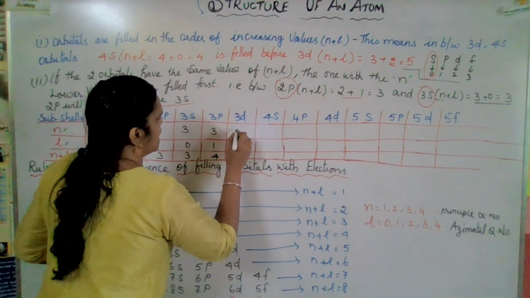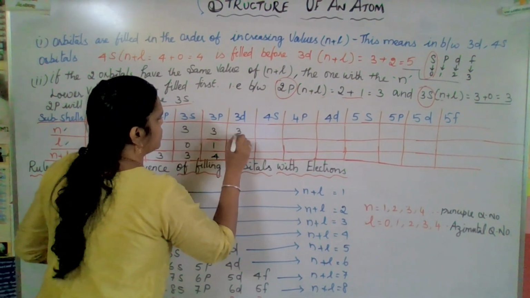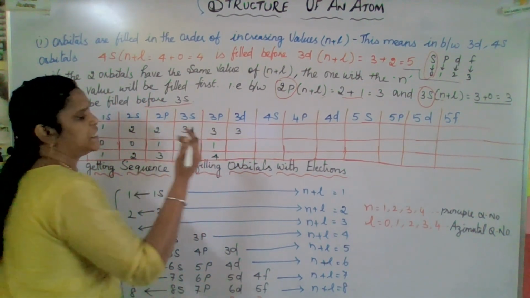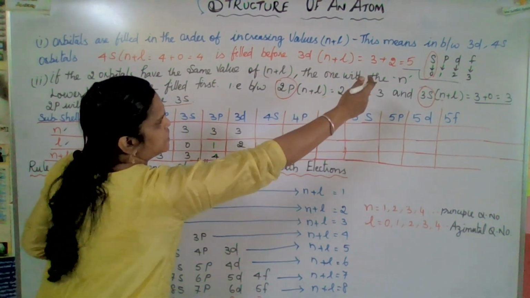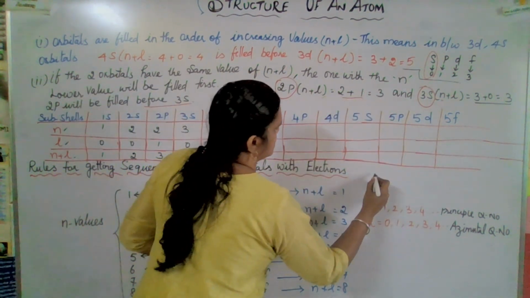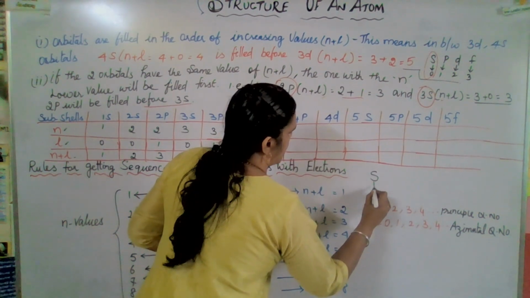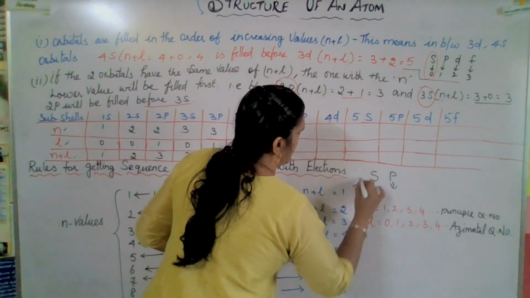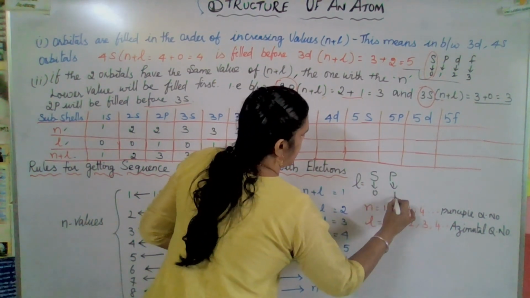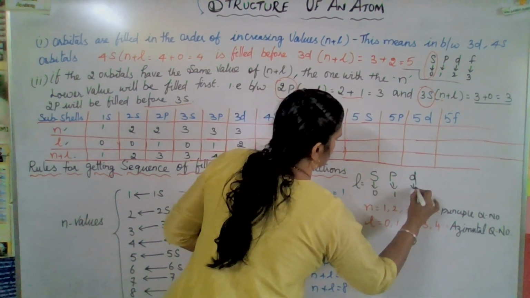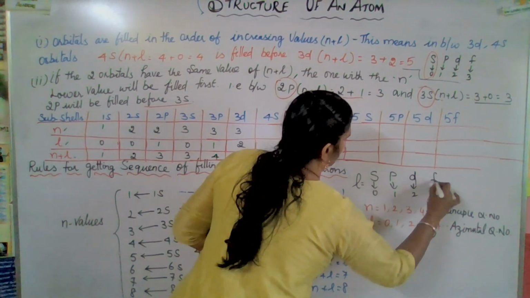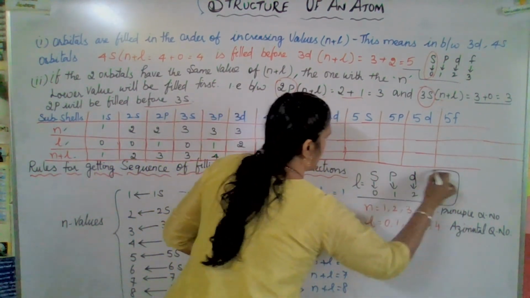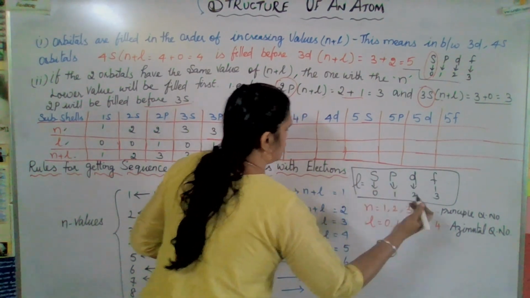And for 3d, n value is 3 and d value in spdf is 2. Otherwise, I'll mention: s value 0, p value of l 1, d value 2, and f value 3. I hope you got an idea how to solve n plus l.